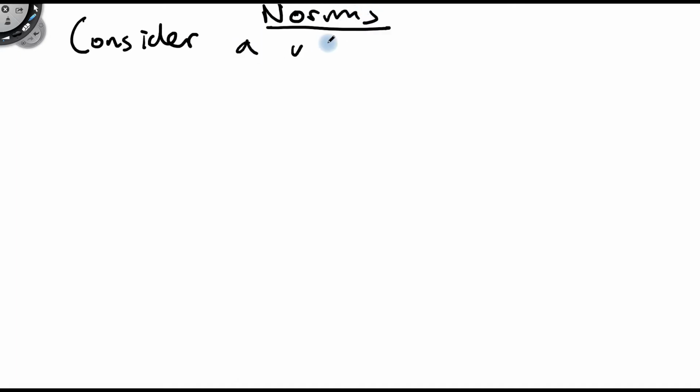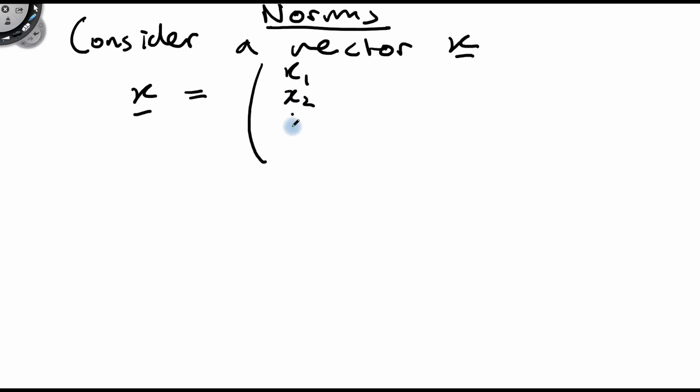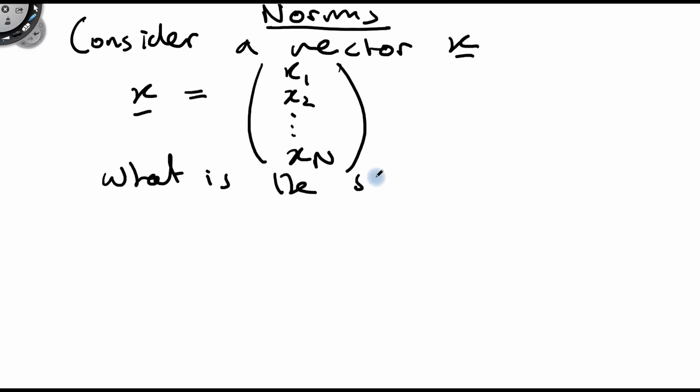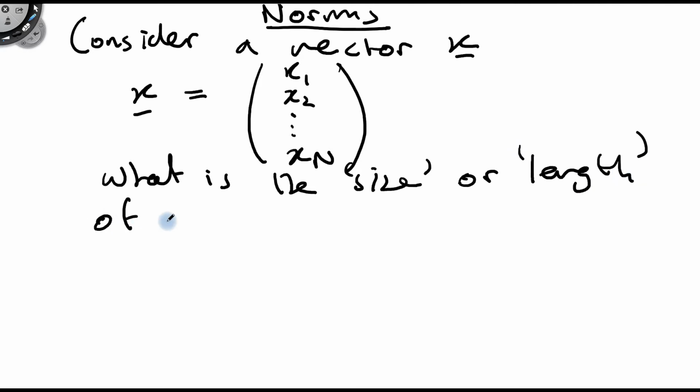So consider, this is norms now, a vector x, and we're going to have all the components, x1, x2, all the way up to xn. What is the size or, geometrically, the length of x?